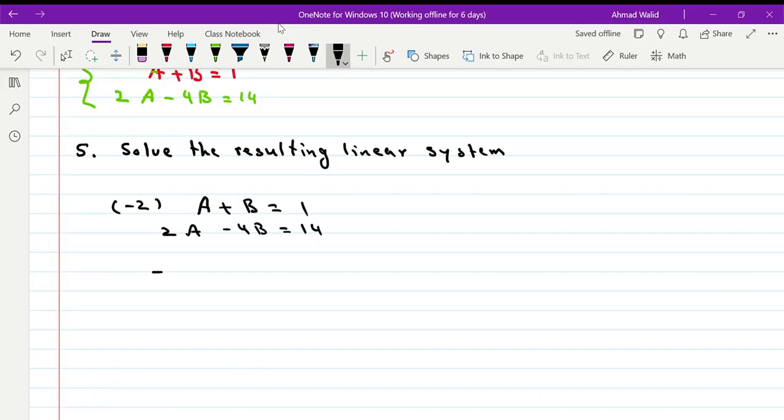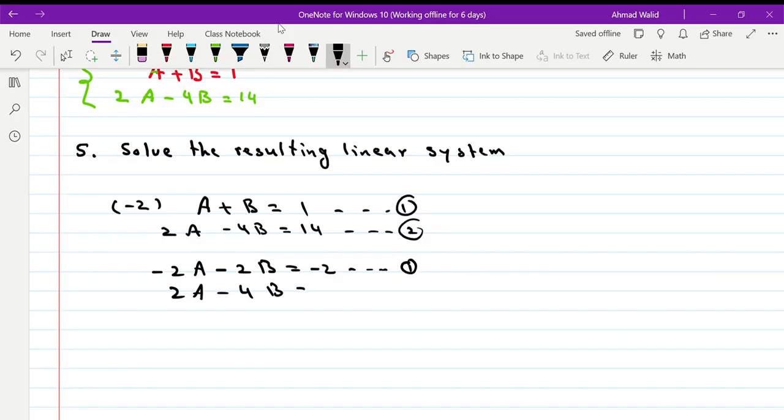Then negative 2A, negative 2 times B gives you negative 2B equals negative 2. This is equation number 1, and 2A minus 4B equals 14 is equation number 2.